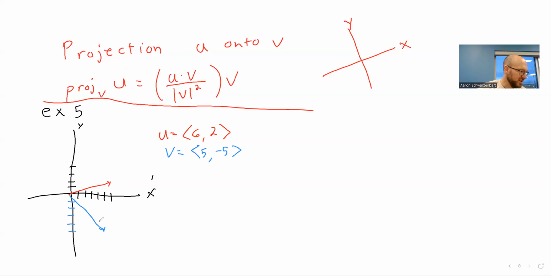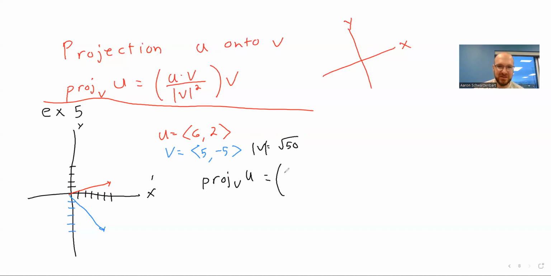The projection, I'll use the formula and then I'll draw it on there. So I'm going to need here the magnitude of V, which is equal to the square root of 50. Again, 5 squared plus 5 squared, square root of 50.